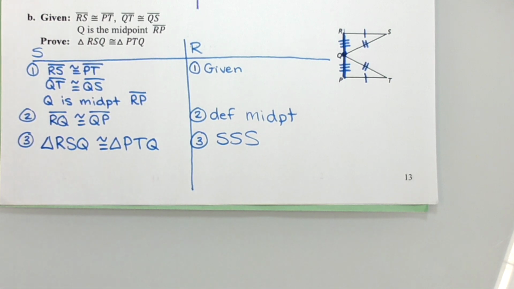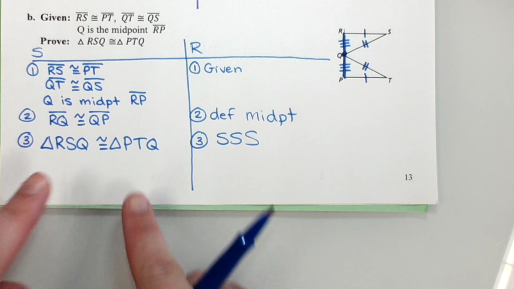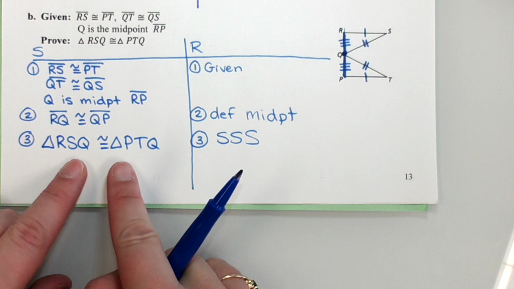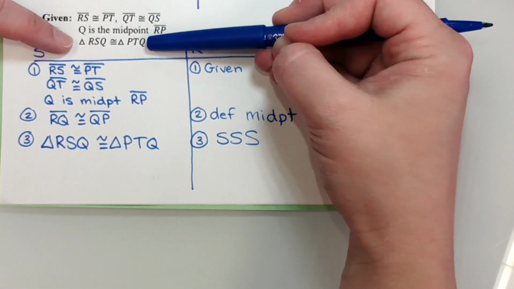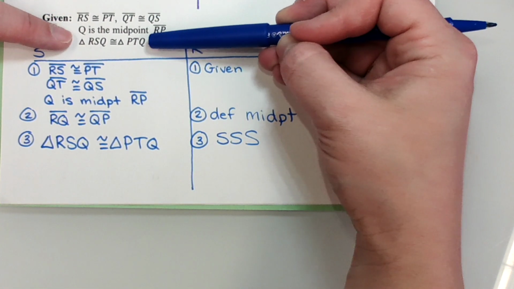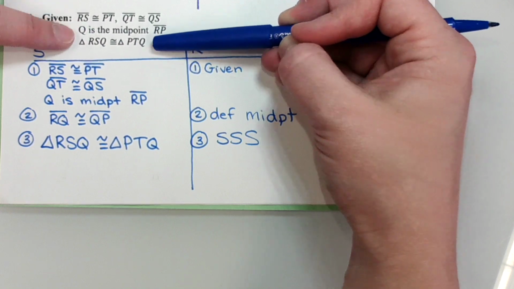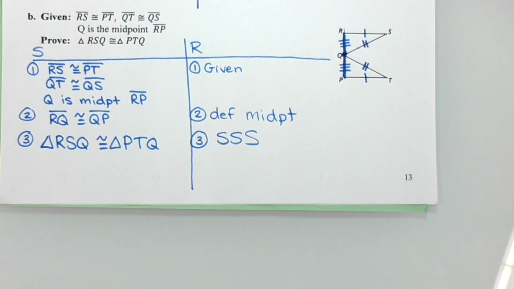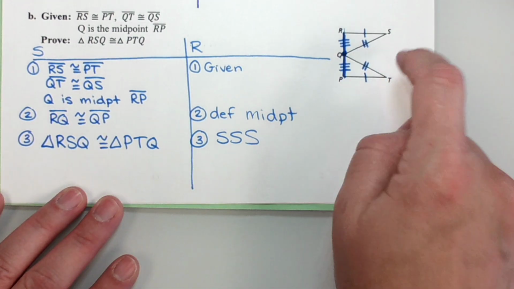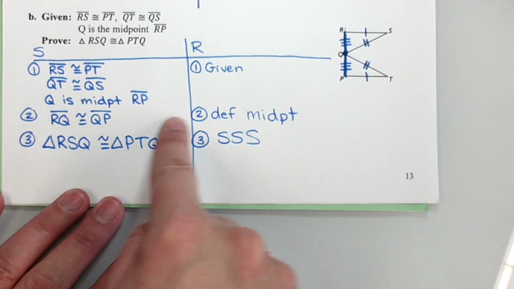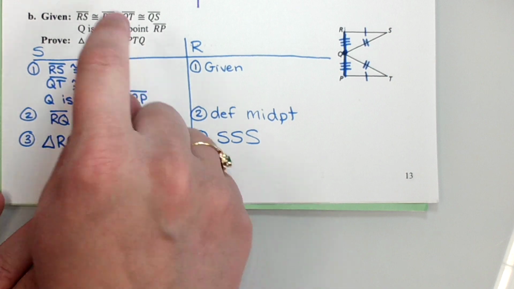Where did Aiden get it? So you can say side, side, side, side, angle, side when you say our triangles are congruent. Those two go hand in hand. Knowing exactly what goes here comes from the proof. That's where that came from. When you noticed you had 3 things that fit side, side, side, you could say the triangles were congruent. The order it wants the triangles in is what's in the proof.